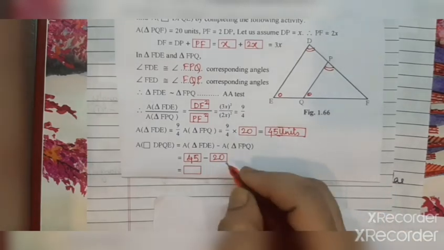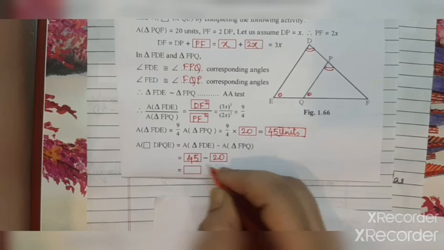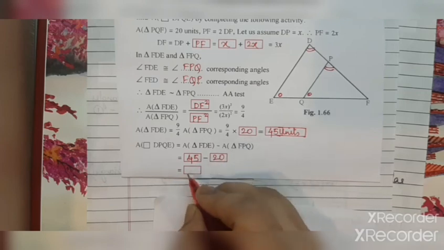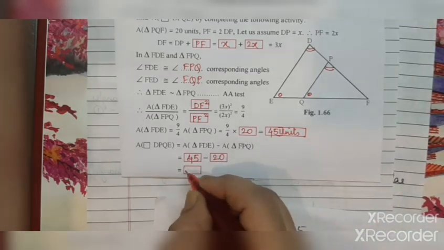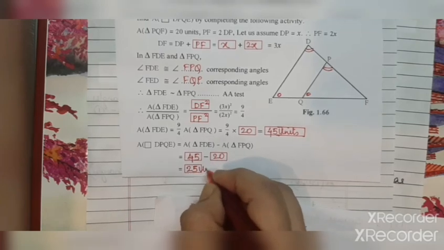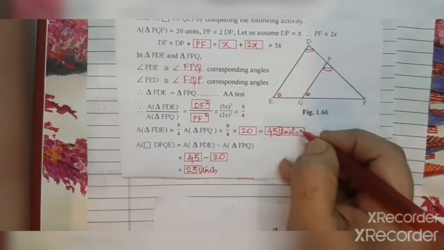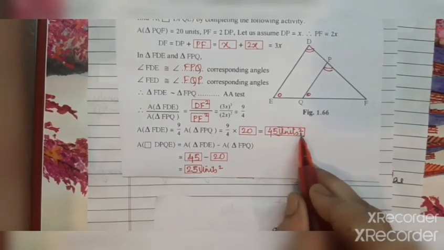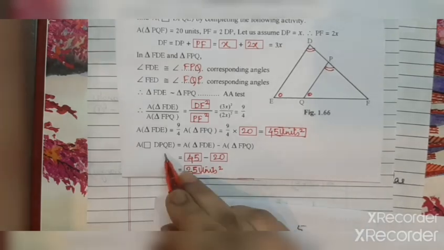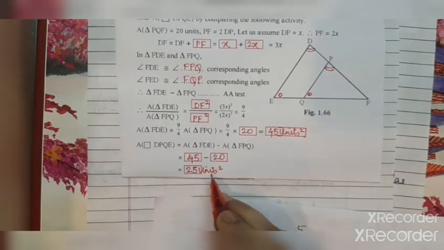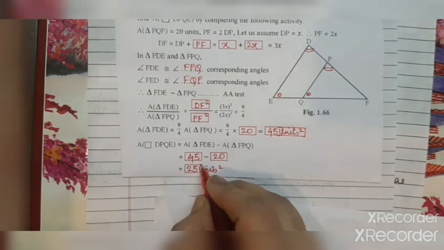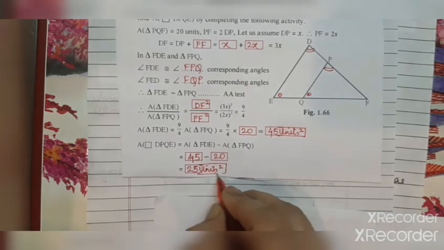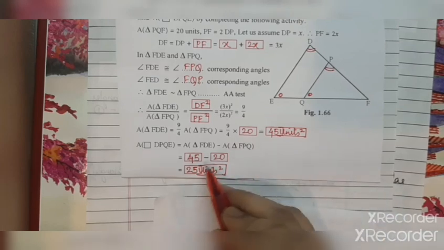So see that you put the correct units and the correct answer. 45 minus 20. Again, if you want to use rough work, please do it on the rough side and write the answer as 25 square units. Again here also, since it is area of the quadrilateral, the answer has to come in square units. Then extend the box. See that you put the correct numbers.